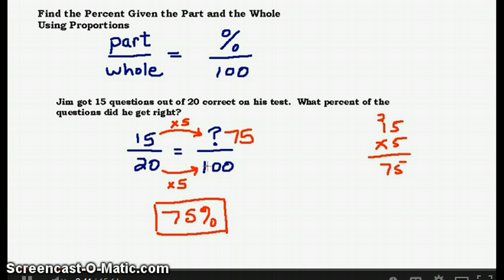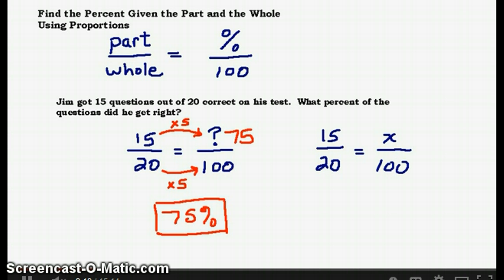The other way, towards the end of the video, Miss Vivian introduced to us. So let's take a look at how that was done. Let me get rid of all this first. Now I'm going to write the same equation again for the proportion. It's going to be 15 over 20 equals, instead of a question mark, we'll use x for the variable, so x over 100.